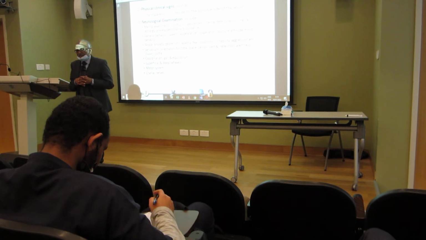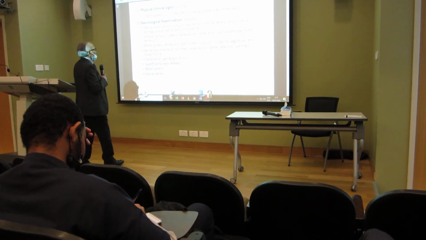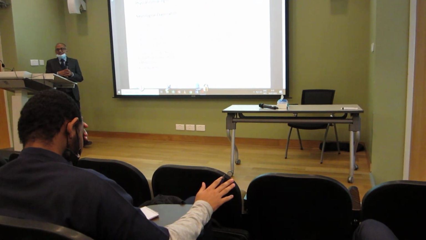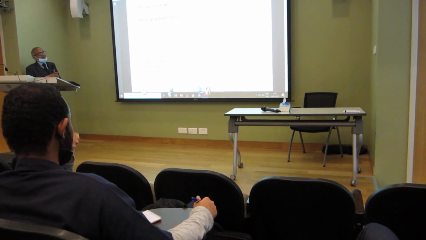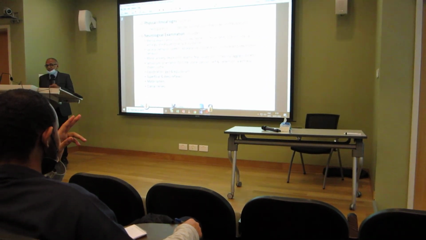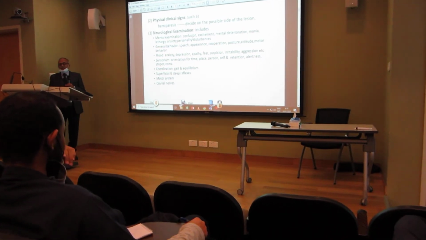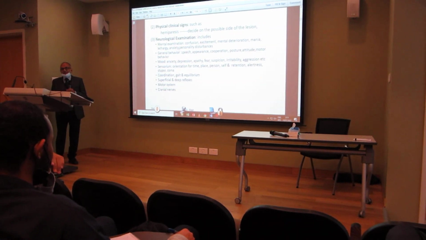So which side is affected, how, what is the extent of this affection and all this. Then we have, with all systems examination, the mental and neurological examination. And this will include mental examination. Look at the status of the patient: confusion, excitement, mental deterioration, mania, lethargy, anxiety.